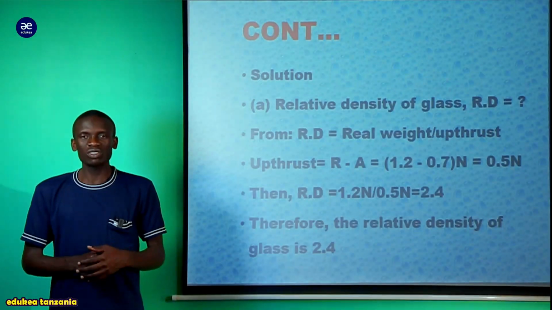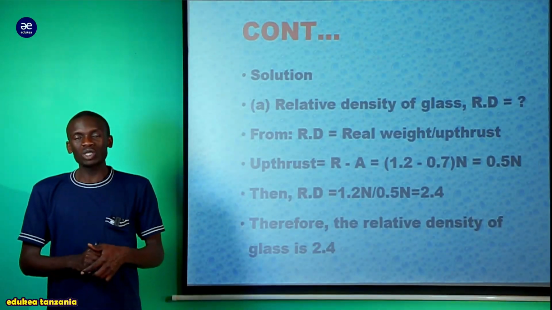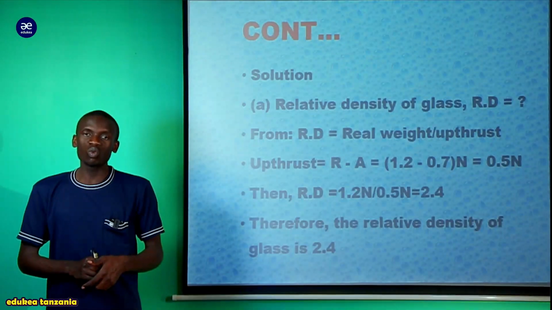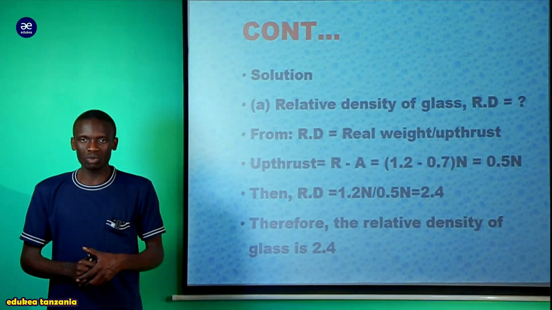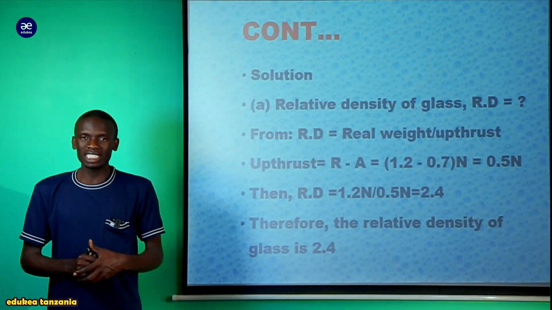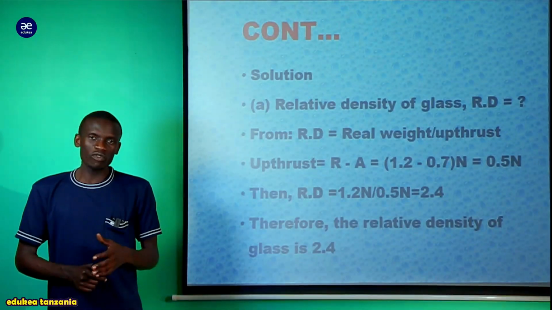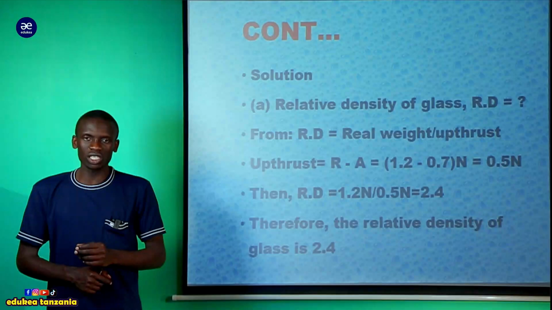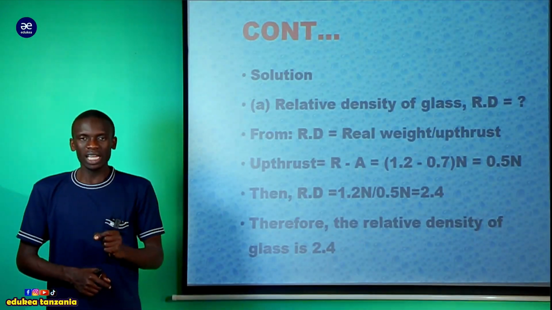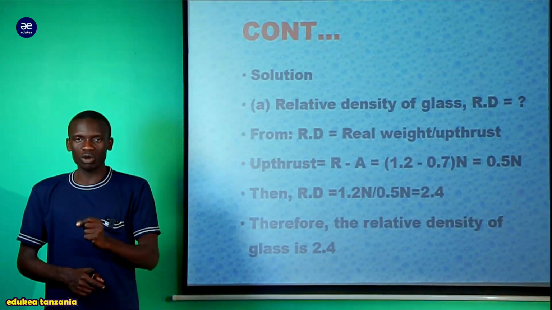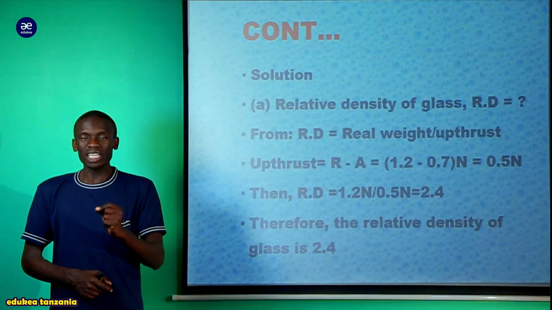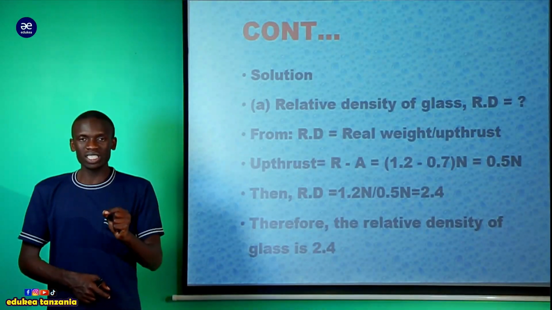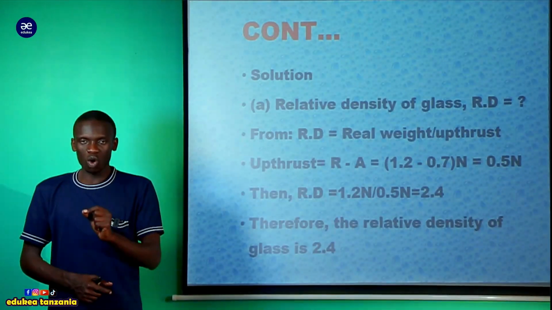We know the density of water is 1 gram per centimeter cubed. So if you make the density of the substance the subject, density of substance is equal to relative density times density of water.